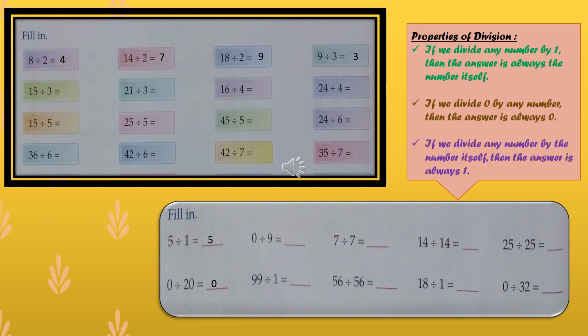See, if we speak of the table of 2, where does 8 come in the table of 2? Let's see. 2 ones are 2, 2 twos are 4, 2 threes are 6, and 2 fours are 8. So 2 fours are 8. Means the answer will be 4.